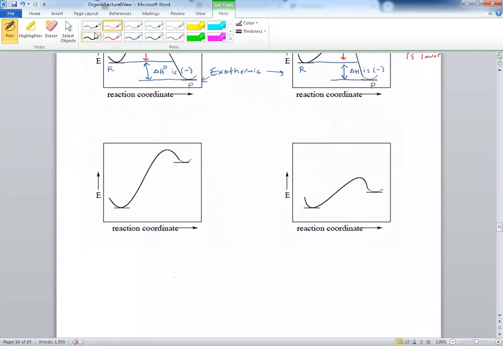Now let's compare. Down here, same thing. This is R and P, I meant. But you should know what kind of reaction this is.